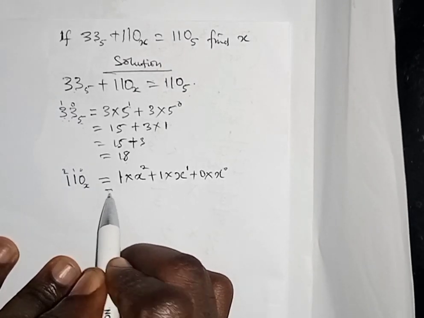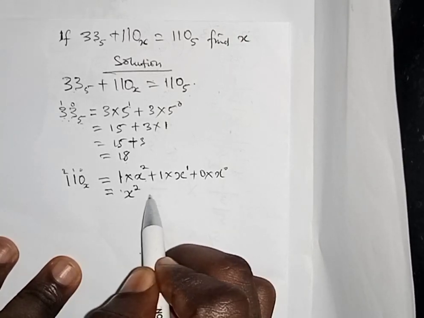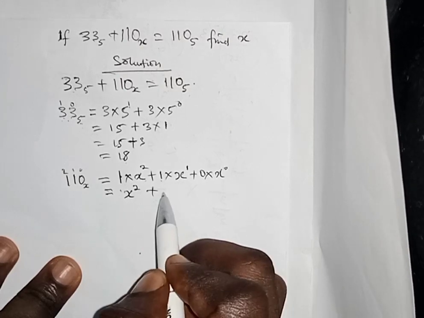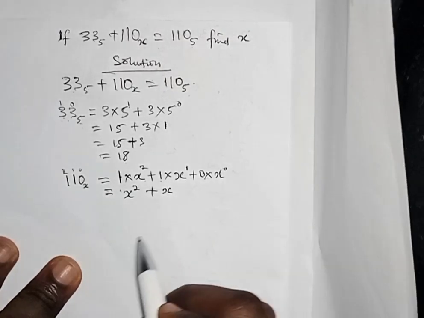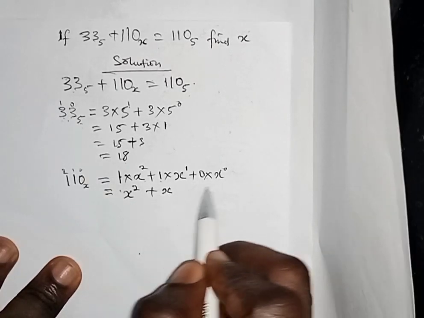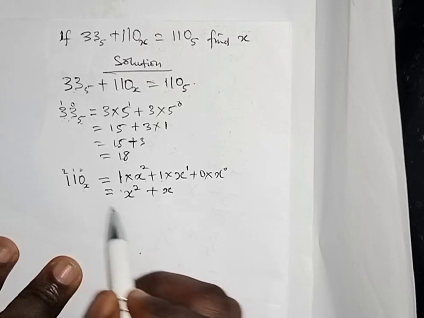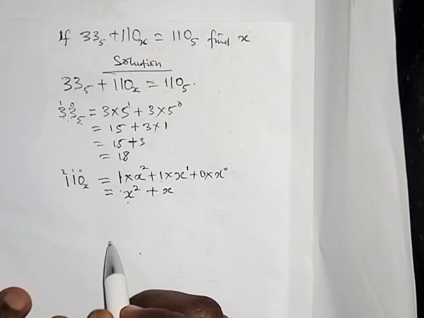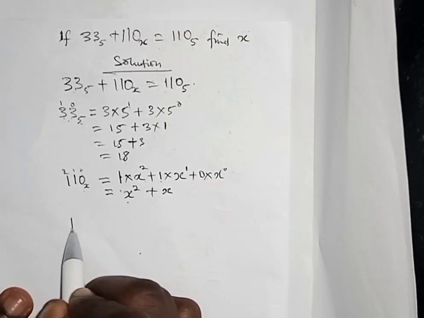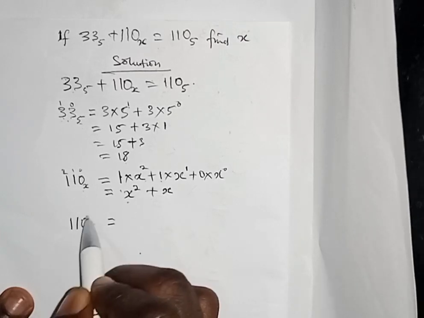Simplifying further, 1 times x squared gives me x squared, plus 1 times x raised to power 1 gives me x, and 0 multiplied by x raised to power 0 is 0. So I can leave that term, and 110 base x is x squared plus x in base 10.